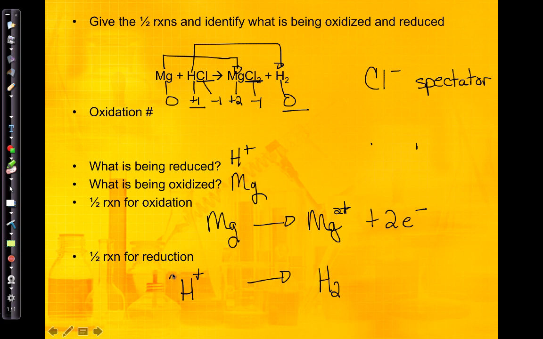So it has 2 atoms, and that's balanced. So now I need to look at the charge. So now I've got a +2 on this side, 0 on this side, so I add electrons to the more positive side. So chlorine is left out here because it is a spectator.